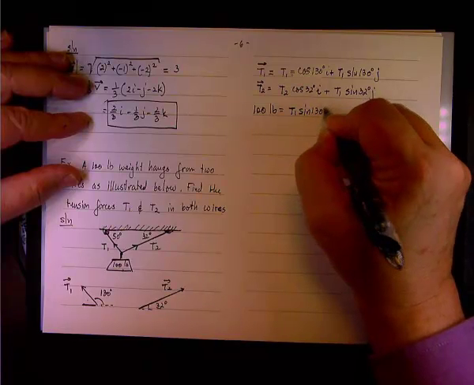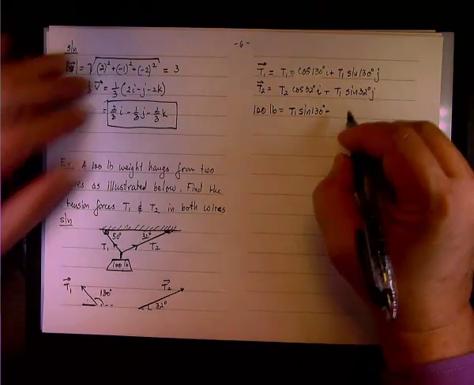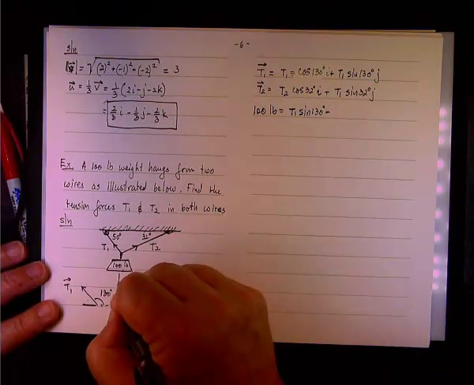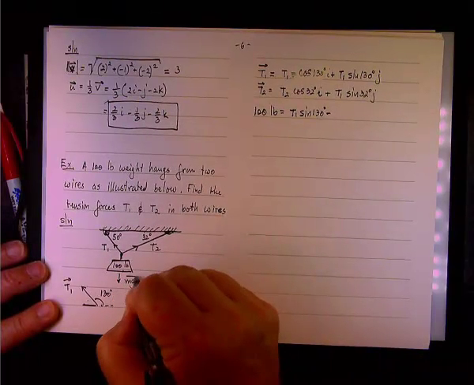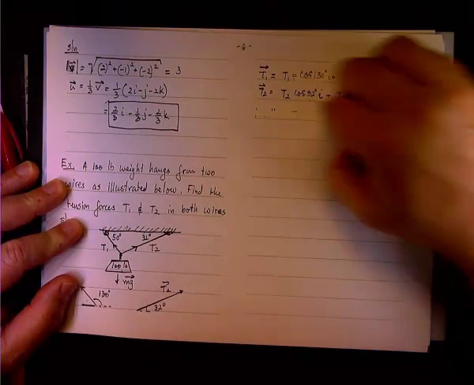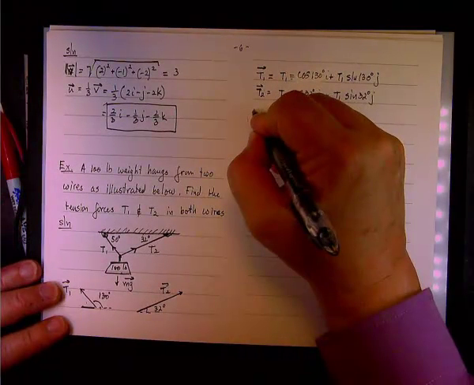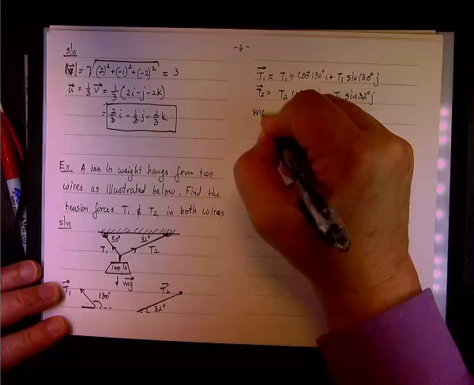is balanced out by the J direction. So it equals T1 sine 130 plus, actually, let me put another vector mg here, and let me write it in vector notation.